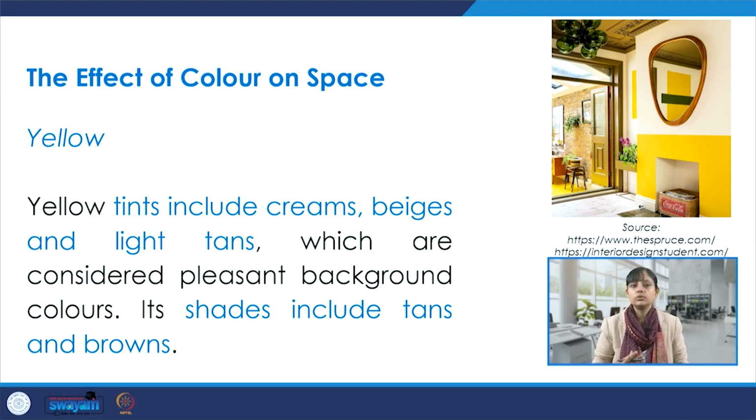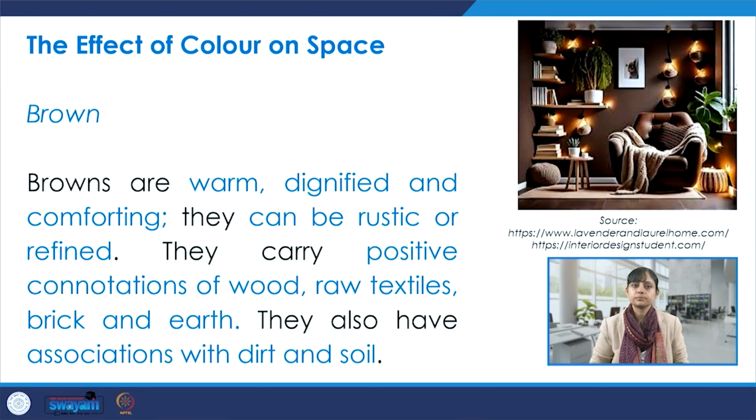Its shades include tans and browns. Then the brown. Browns are warm, dignified, and comforting. They can be rustic or refined. They carry positive connotations of wood, raw textiles, brick, and earth. They may also have associations with dirt and soil.